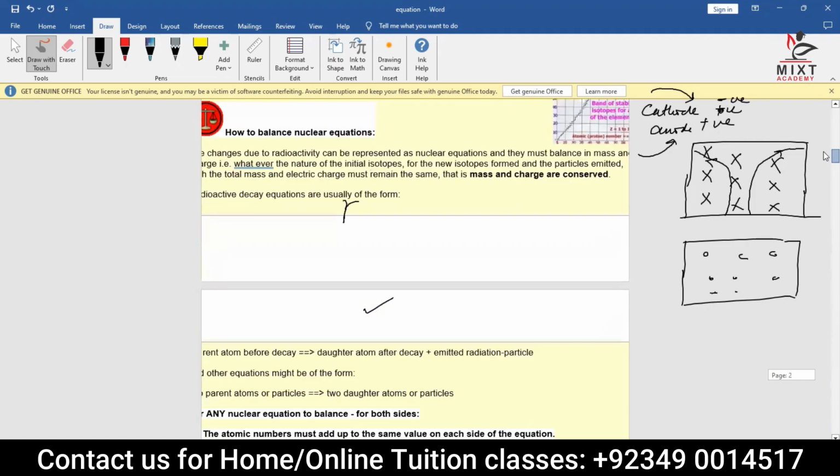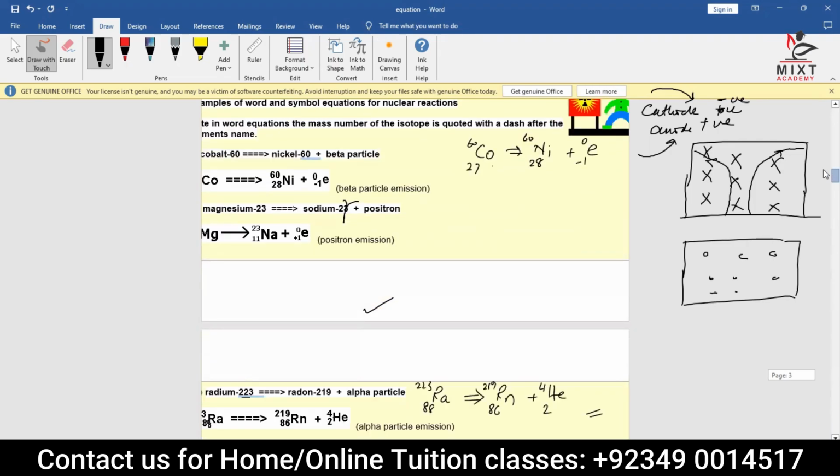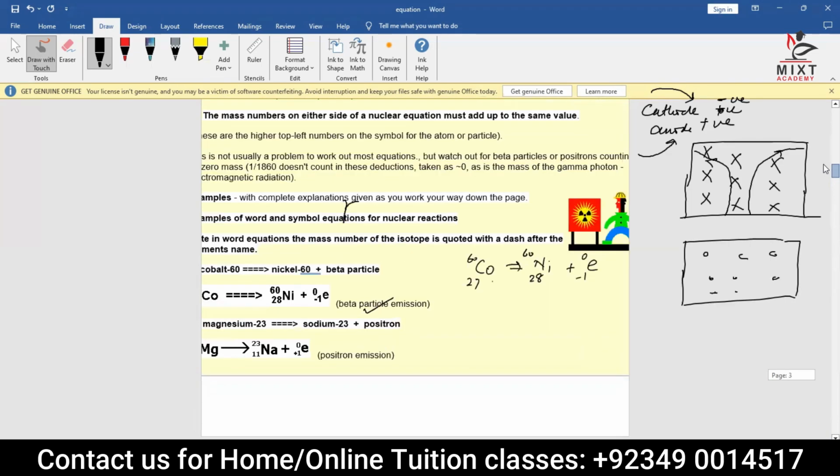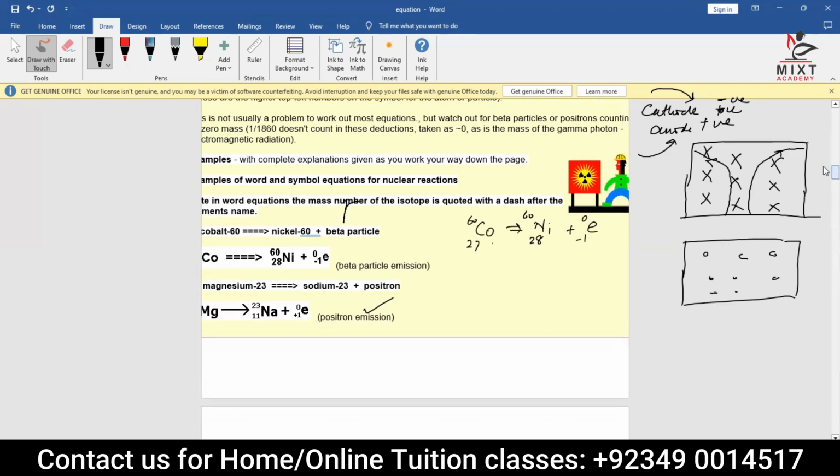When the alpha particle is knocked off, let's suppose you have any material X. If I say there is an alpha decay, this is your A and this is your Z. A means nucleon number and Z means atomic number or proton number.